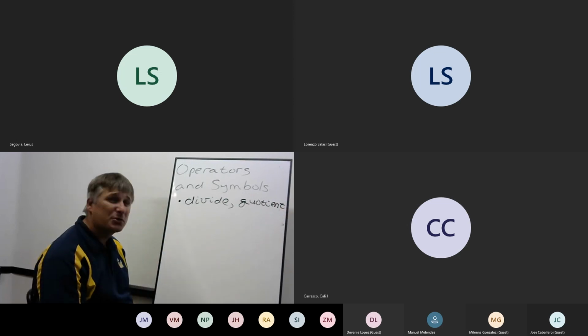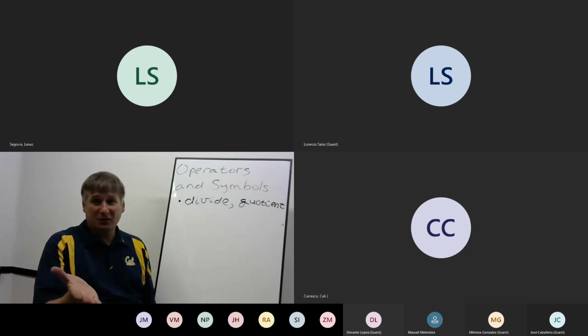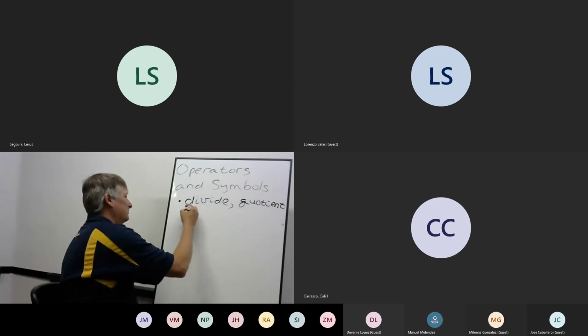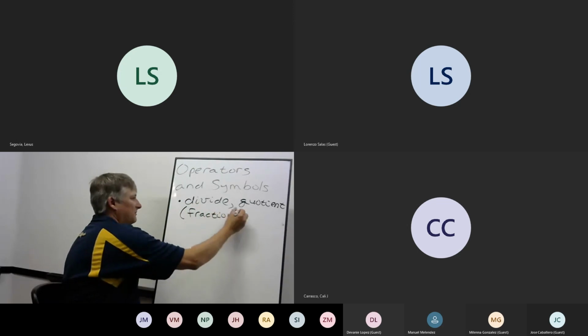Those are probably the 2 most common references. Let me see, do we have any others? That seem to be the common ones. Maybe ratio or fraction. Those are actually referring to division. Say fraction.